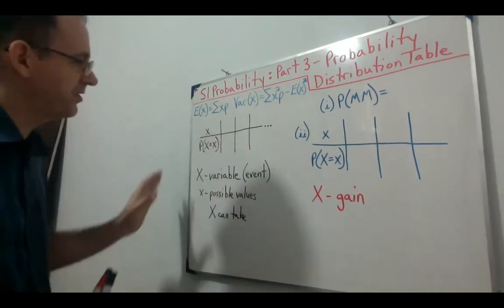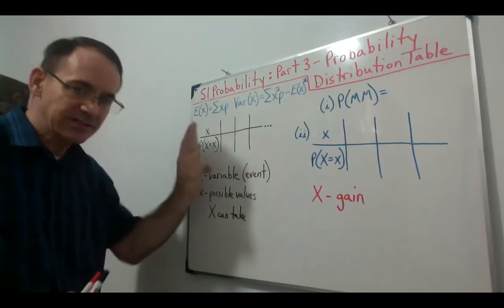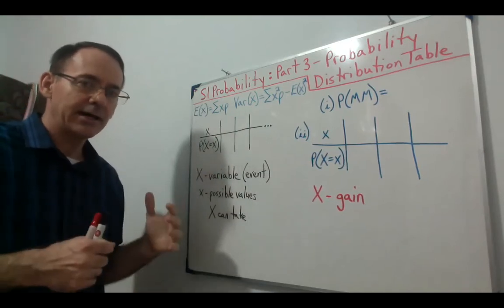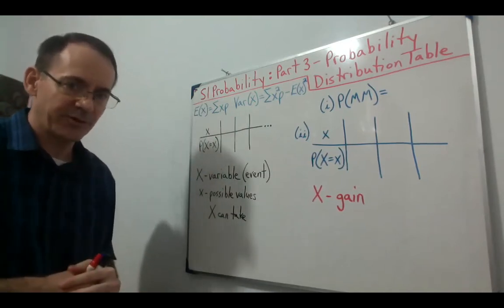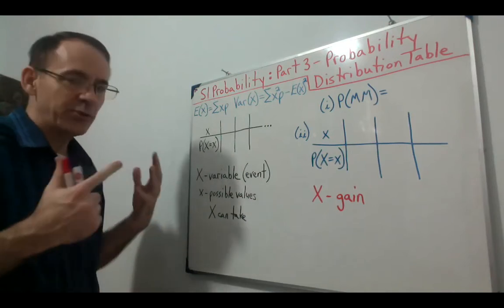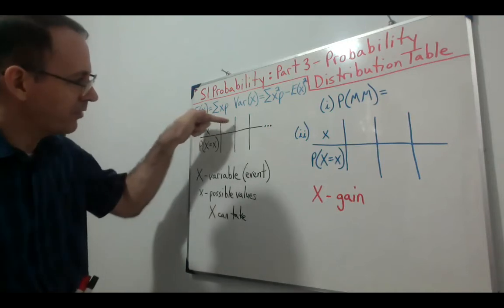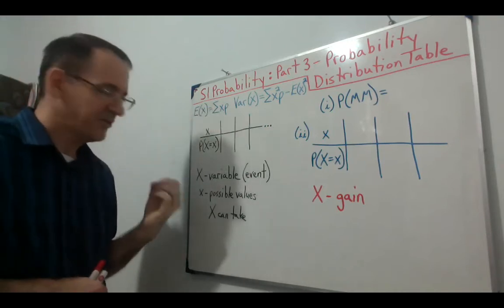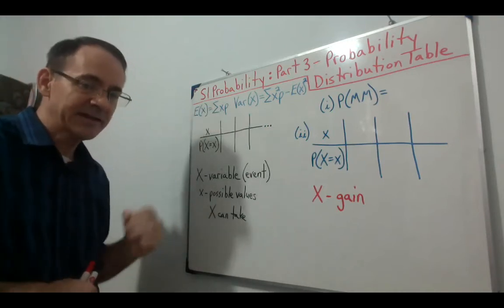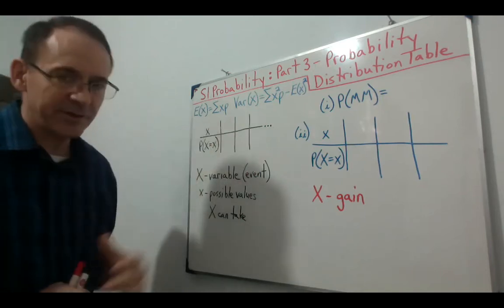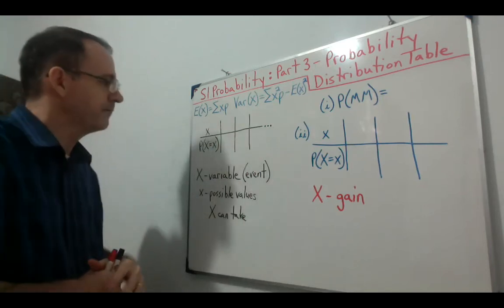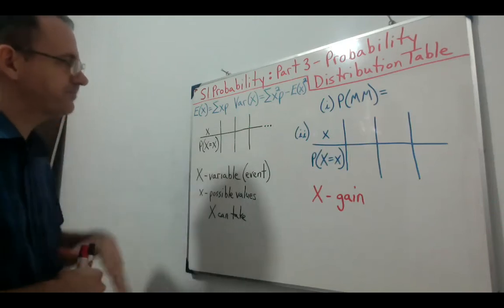So this is what our main focus is going to be on in this particular video: how do we read the problem, identify the variable, come up with our possible specific values that the event can take, and then figure out their individual probabilities. That's going to be our main focus.